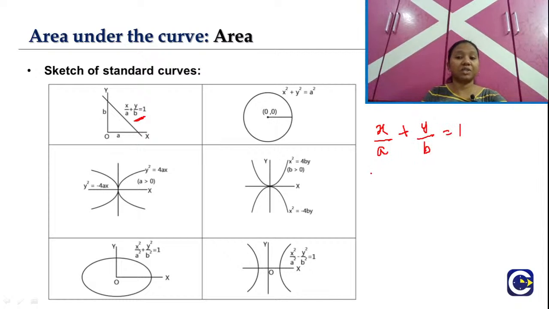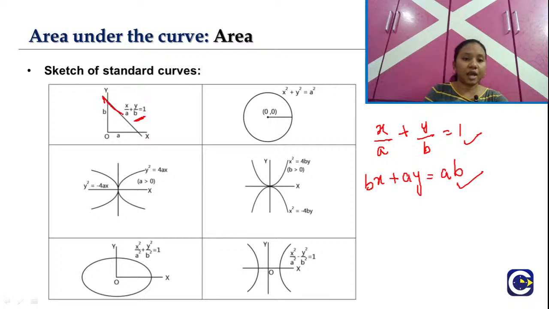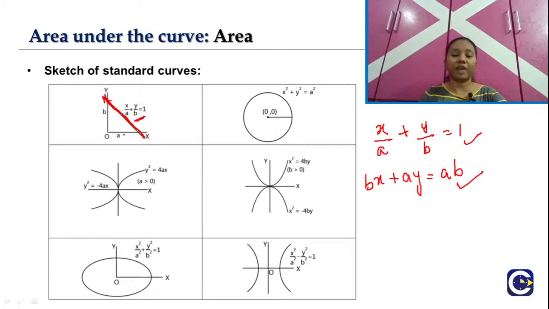This can even be written in another way, that is bx plus ay is equal to ab. Same thing, right? For this type of line equation, your curve will look something like this. This is our x-axis and y-axis, and the curve will be a straight line like this, cutting both the x and y-axis. Once we have the figure of it, we can find the intersection points, right?